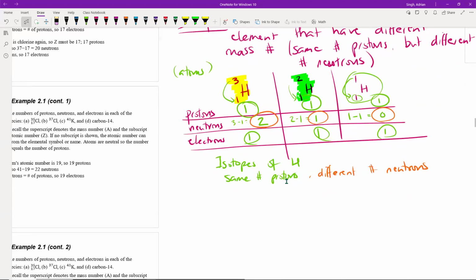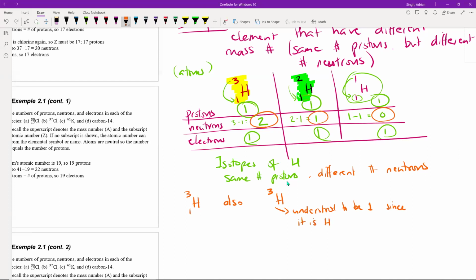To designate the different types of isotopes, you can see them written a couple of different ways. For example, hydrogen with mass number 3 can also be written as just H with the 3, and we can omit the 1 here because that's understood to be 1 since it is hydrogen.